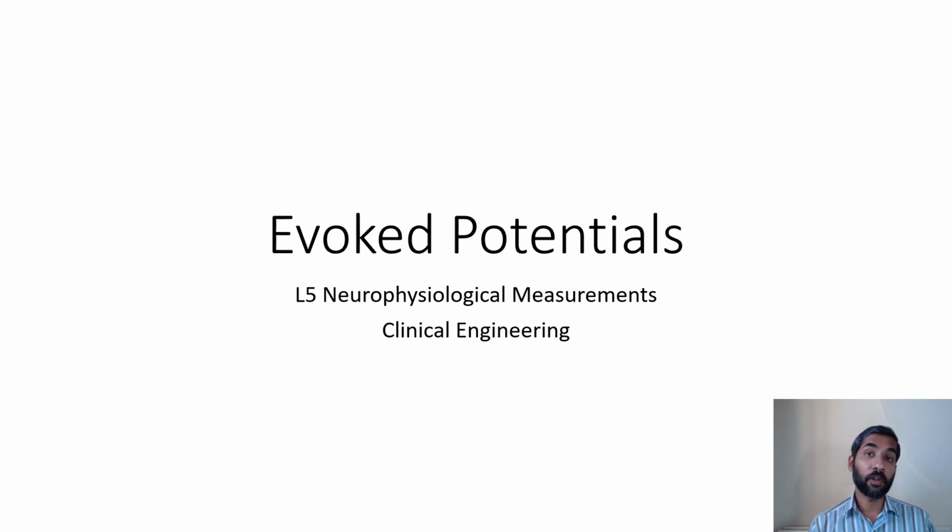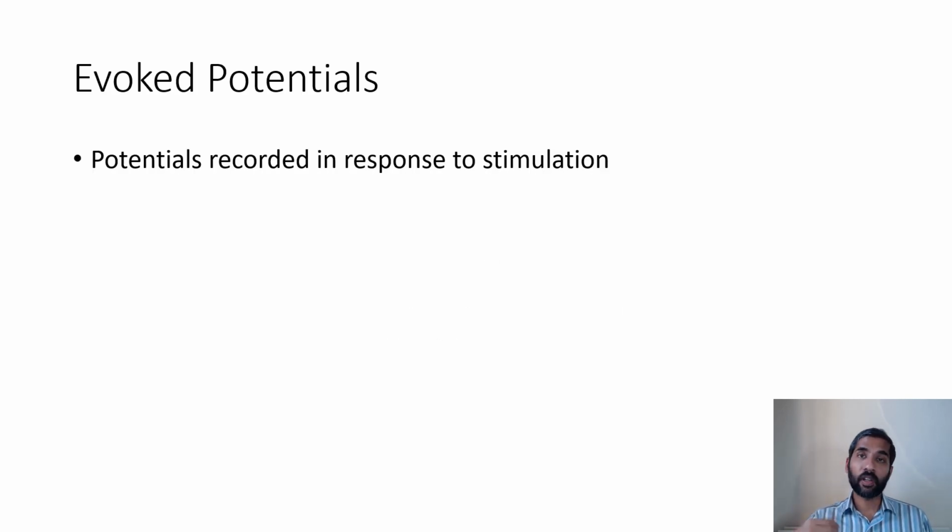In this video, I want to talk about evoked potentials. Evoked potentials are recorded in a very similar manner to EEG, right? They are recording the electrical activity of the brain, but instead of recording the electrical activity as such, we are recording potentials in response to certain stimulations.